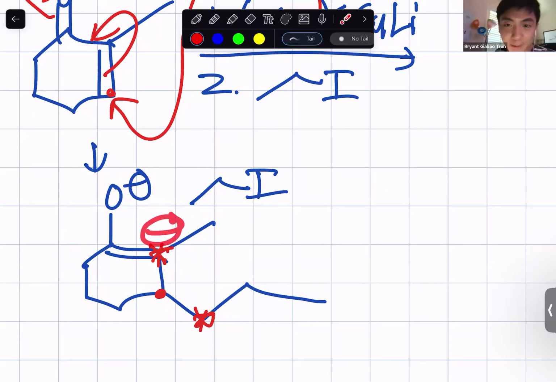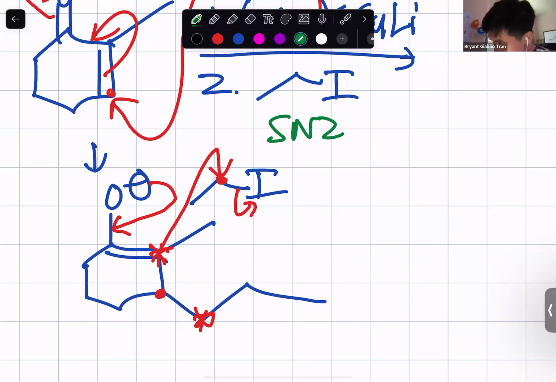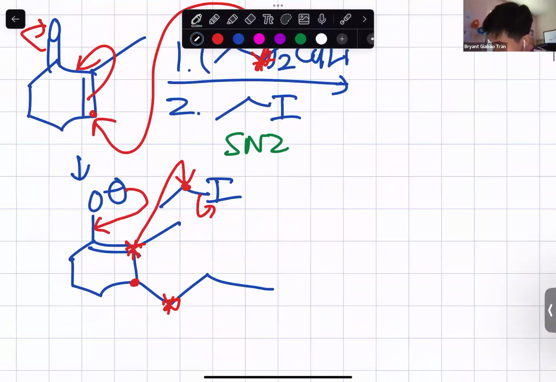And because it's less stable, it's more reactive, more nucleophilic or more basic. So what we have to do here is reform that carbonyl, the carbon double bond oxygen, and then have that alpha carbon attack this electrophilic carbon and kick out the iodine. SN2 reaction, SN2 mechanism, right? And that's going to give us this final product here.